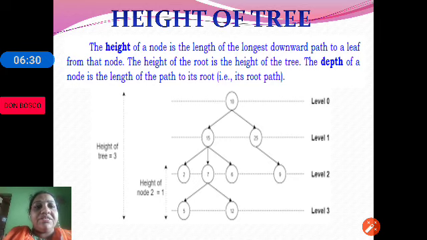As you can see in the example, the longest path taken to reach from the root to the leaf node is called the height of the tree, and it is also called the depth of the tree. As you can see, the height of the tree is 3. So there will be 3 steps taken to reach from the root to the leaf.